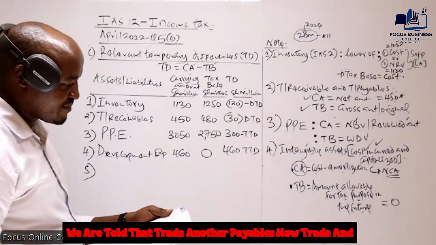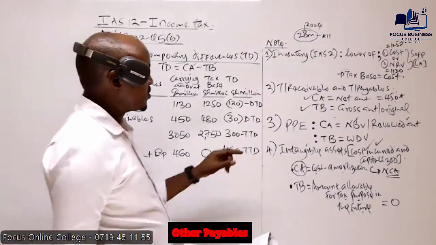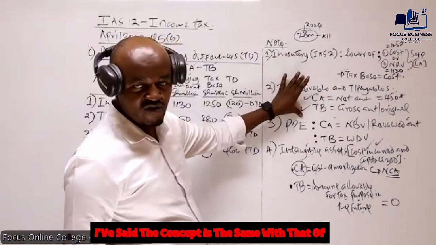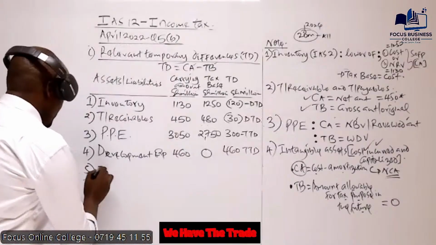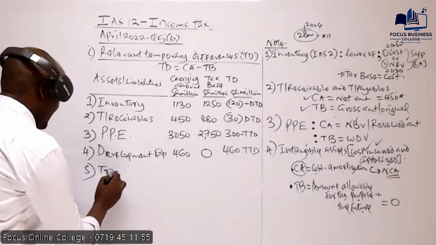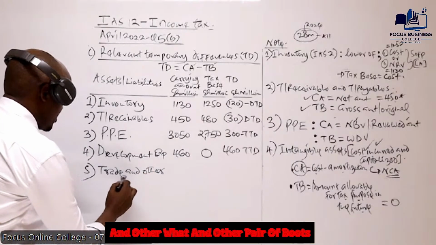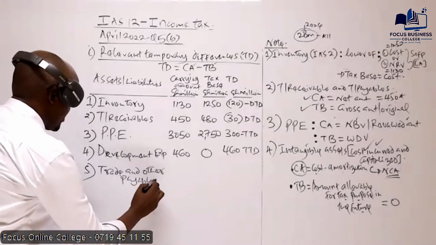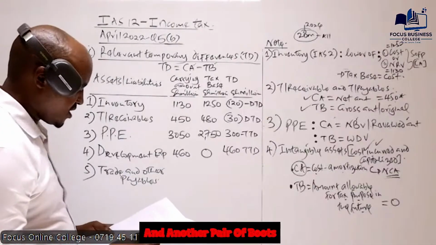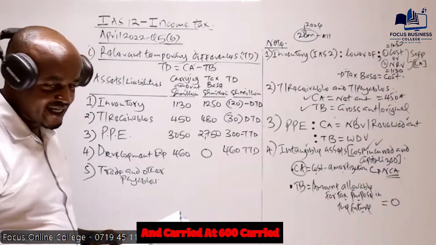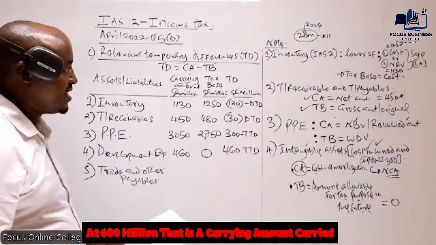We are told about trade and other payables. Now, the concept is the same as that of receivables. We have the trade and other payables, and in this case, you're told they are carried at 600 million.